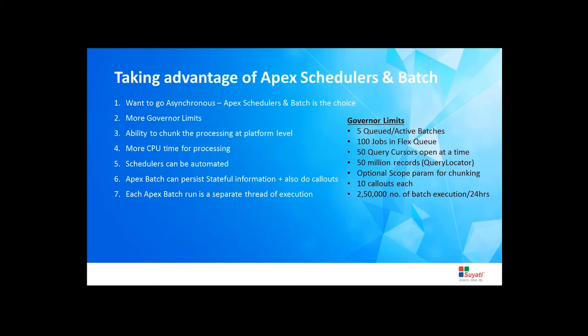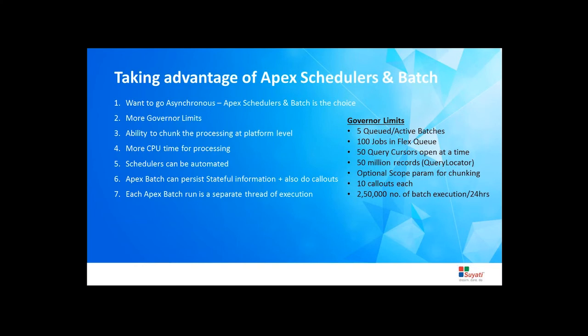One more thing that we have to understand from an Apex batch perspective is that every Apex batch is considered a separate thread of execution. That is, it is one single independent process that has its own governor limits. You can basically start a timer at the point when the Apex batch starts, and at the end of the Apex batch, the timer ends.